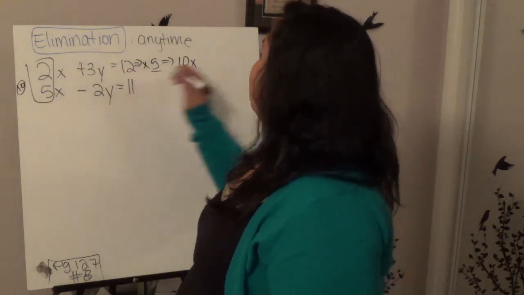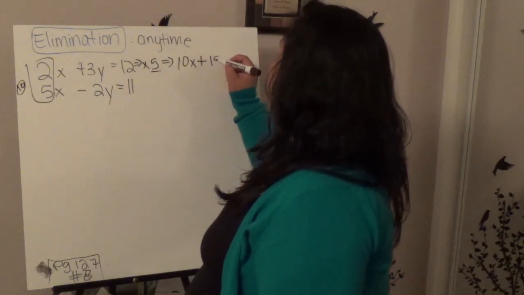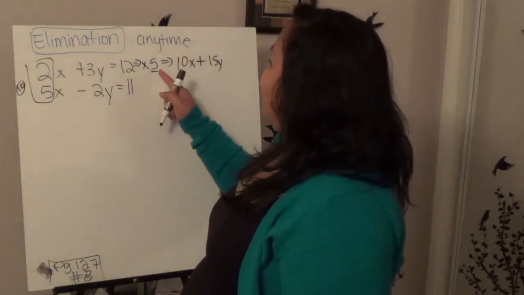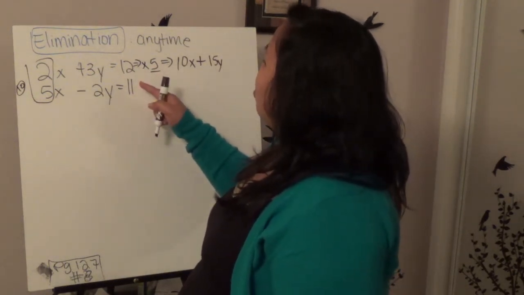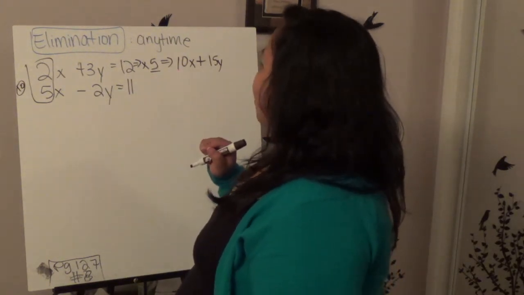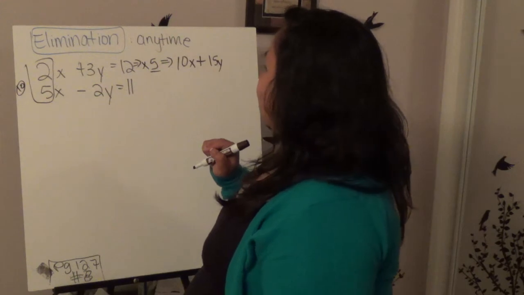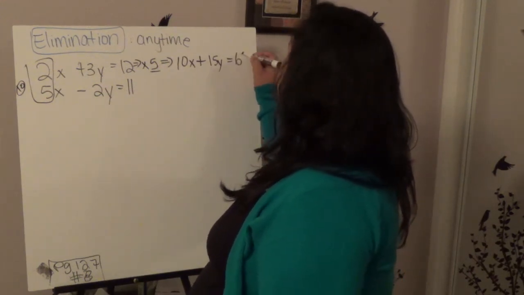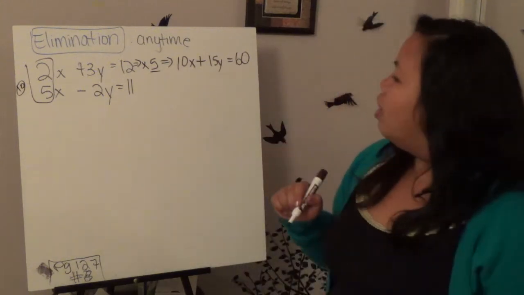So 5 times 3 is positive 15y. Okay, and then 5 times 12 is 60, equals 60, alright?